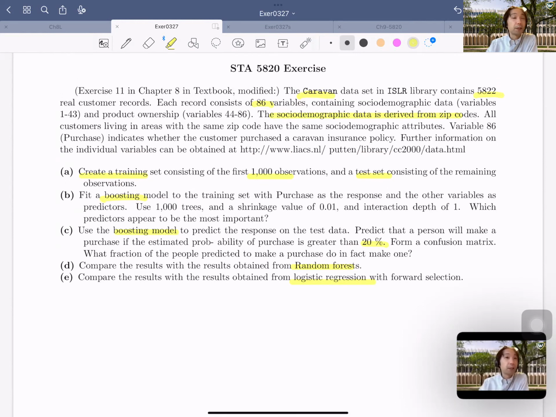So maybe I split the room into 2 breakout rooms, so you can discuss the problem for maybe 20 to 25 minutes. Okay, we start.